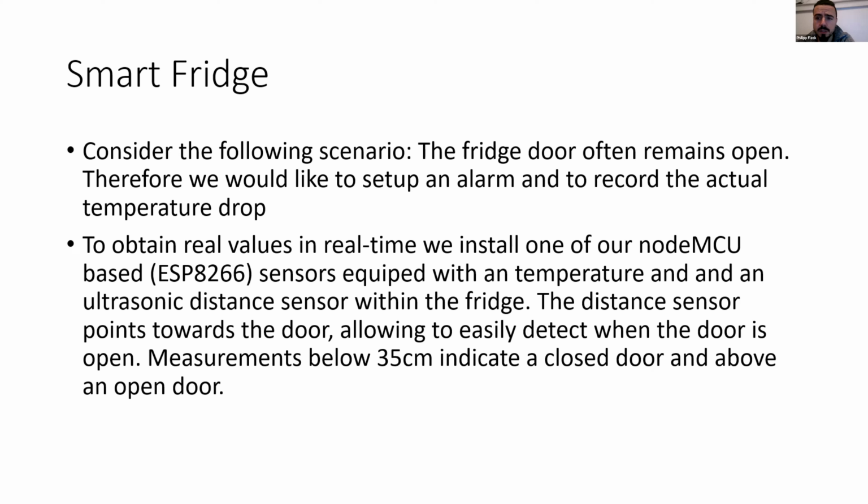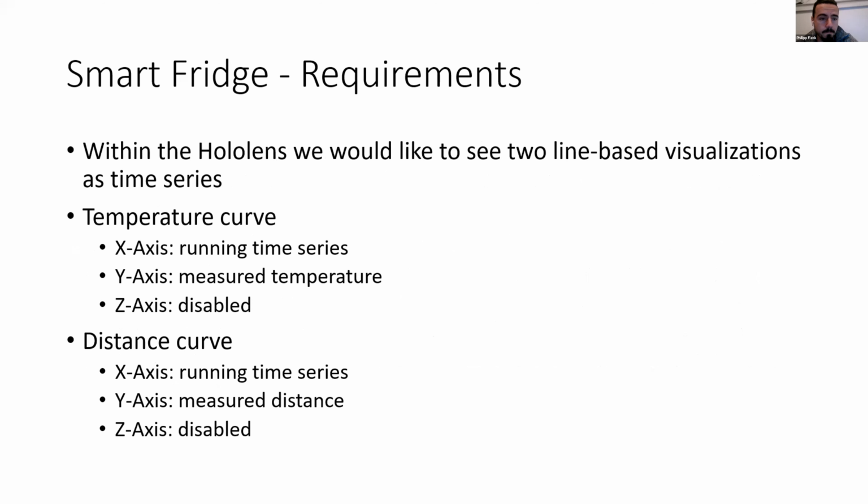We used a tiny ESP sensor together with an ultrasonic distance sensor and a temperature sensor, and put that with the battery bank into the fridge. Once you open the door, the distance measured by the sensor increases, and the data is reported accordingly.